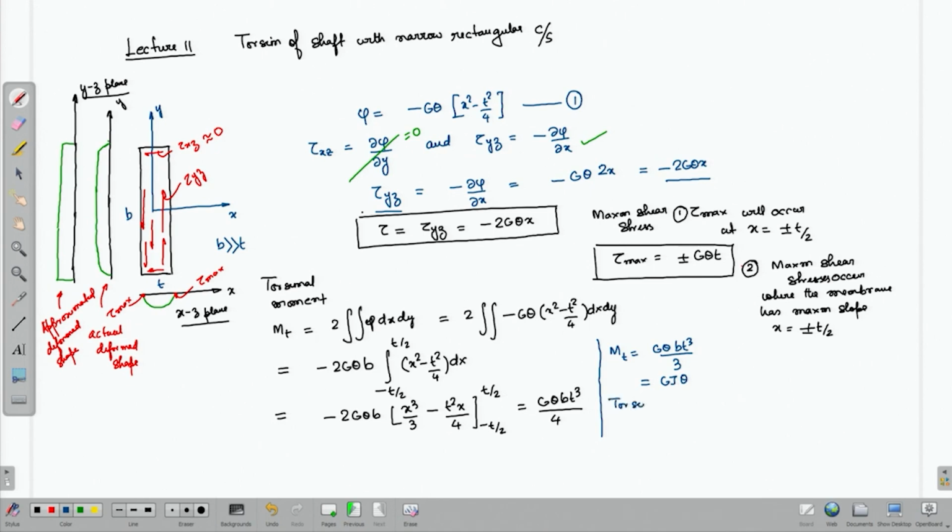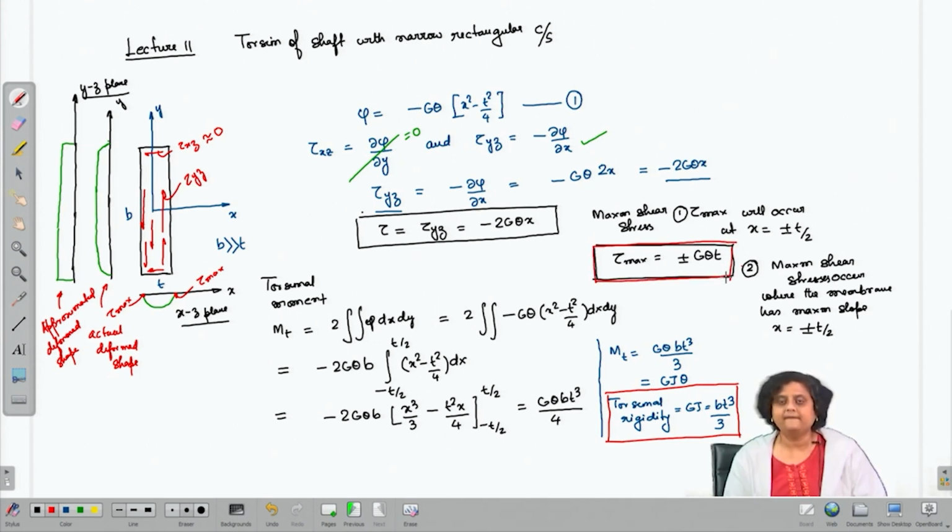Therefore, torsional rigidity is given as GJ, which is going to be b t cube by 3. So, the torsional rigidity of a shaft with thin rectangular cross section is obtained as b t cube by 3, where t is the thickness of the cross section.